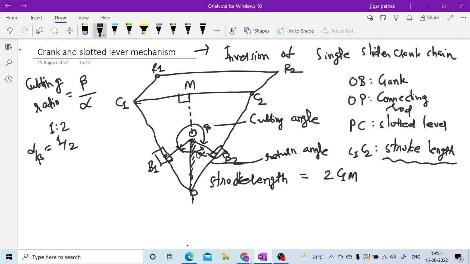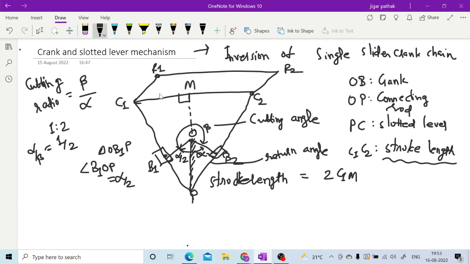Now as this angle is alpha, this angle will be alpha by 2. In triangle OB1P, the angle B1OP is alpha by 2, right?